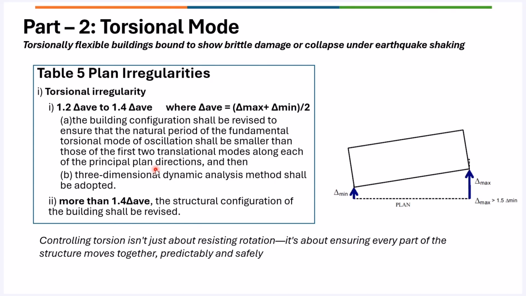Torsional stiffness can be improved only with a good lateral load resisting system like shear walls, bracings in steel structures, or sometimes core walls to make it stiffer. And preferably, these are placed at the perimeter of the building.